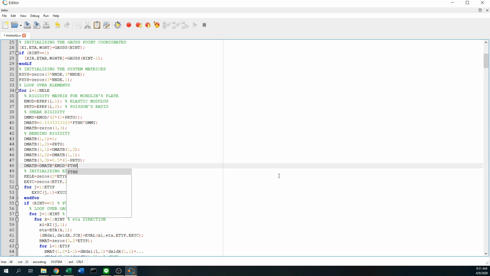So PTHK, and as it is cube, then okay, divide by 1 minus nu square, 12, so 12 times.